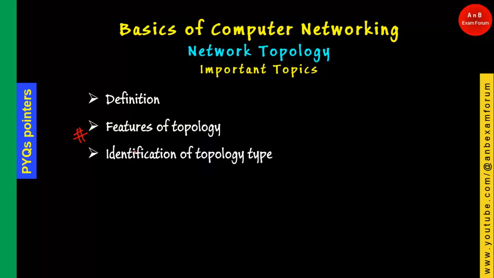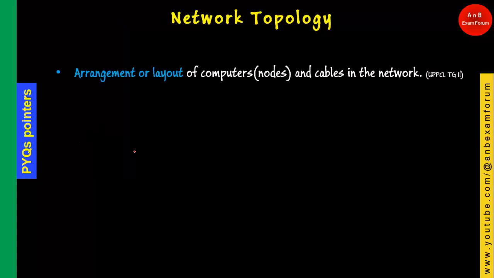Okay, so let's see the definition of network topology. We have seen in the first class that a network is basically the interconnection of nodes which are used to exchange information. How they are arranged, or how the devices and cables in the network are connected, is the network topology.